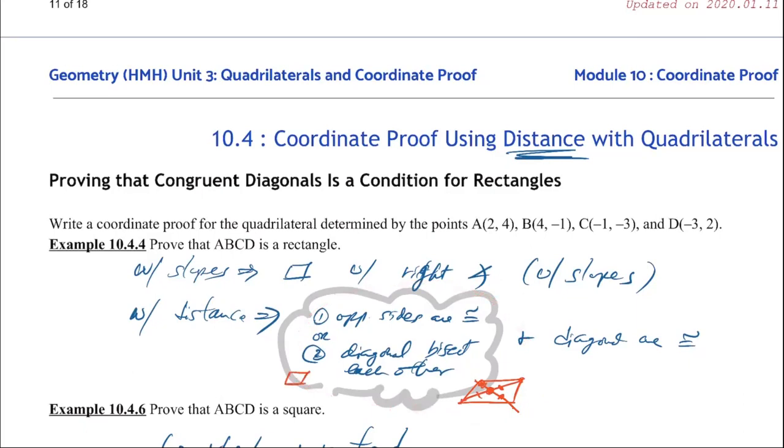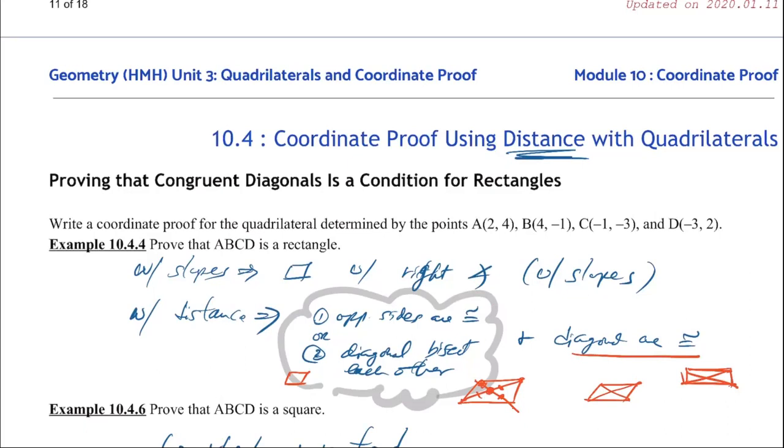But how do you know that it is a rectangle? Well, in the most stereotypical parallelogram shape, the lengths of the diagonals are different. But in a rectangle, the opposite sides are parallel and yet the diagonals are congruent, right? So if the diagonals are congruent, then we know that it is a rectangle.